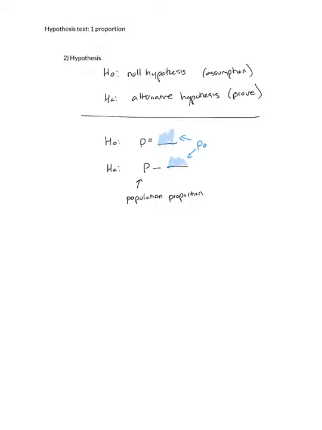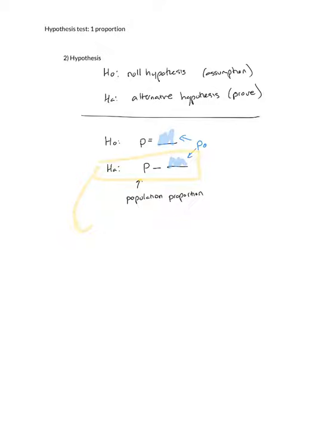For the alternative, we'll still put P naught over there, but we're not trying to prove that it's equal. We're trying to prove maybe it's greater than, or it's less than, or later on it's not equal to. So for our null hypothesis, we have equal to, but for our alternative, we write it slightly differently.